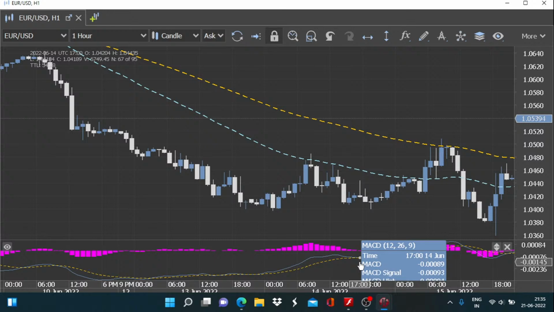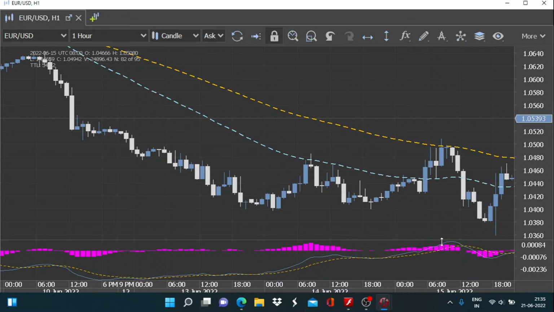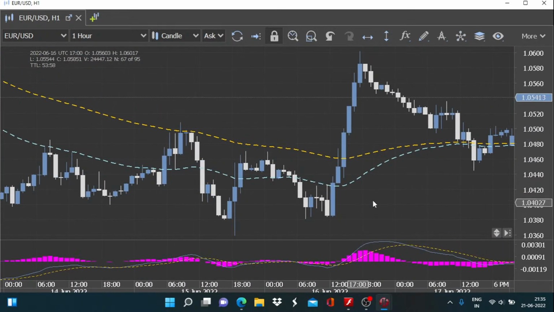We need the MACD line to cross below the MACD signal, and that's when the execution will take place, provided these MACD and MACD signal output values are in negative territory. We need both of these output values to be in the negative territory, and only in that scenario the execution will go through.